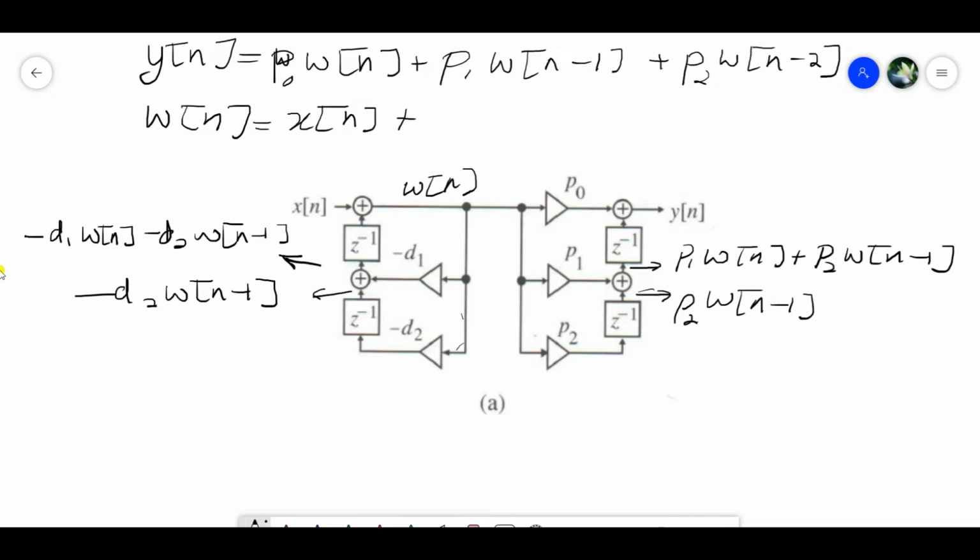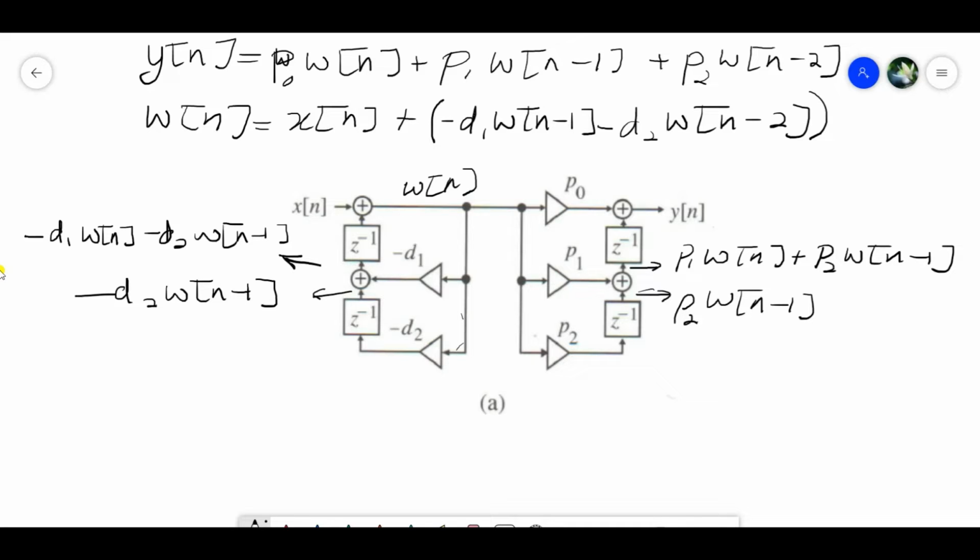Okay, and then here, all these terms are delayed by 1 unit and go into a summing junction. So here we can write negative d1 wn minus 1, because of the delay of 1 time, minus d2 wn minus 2.